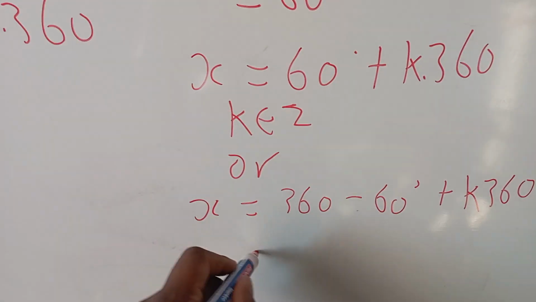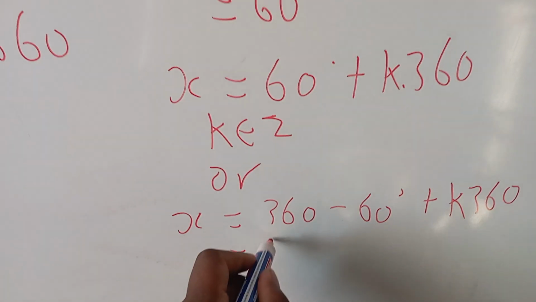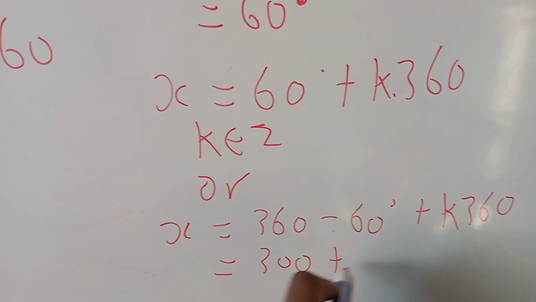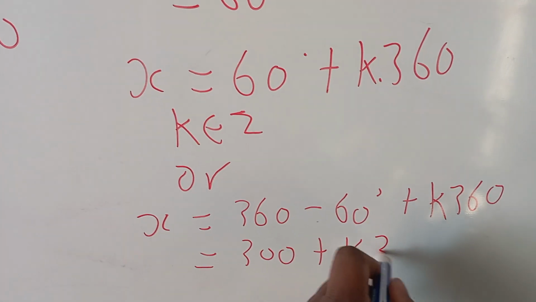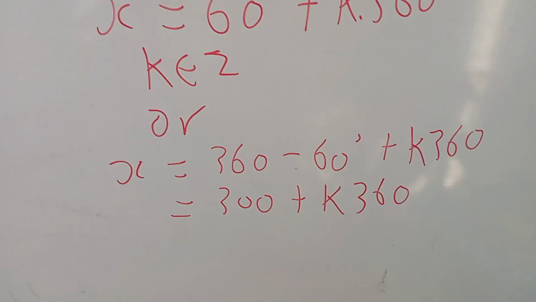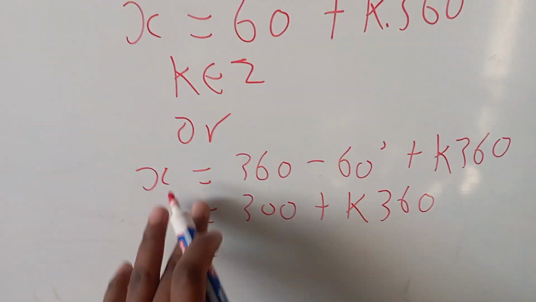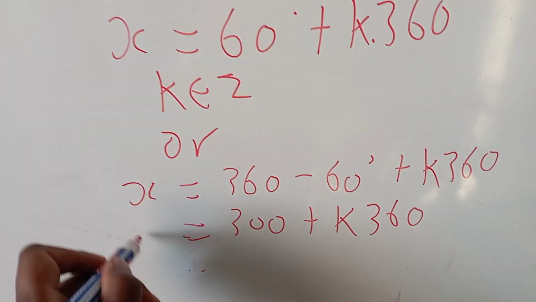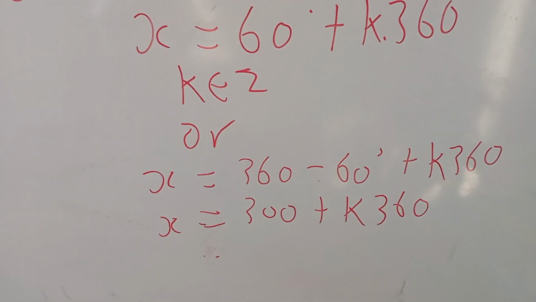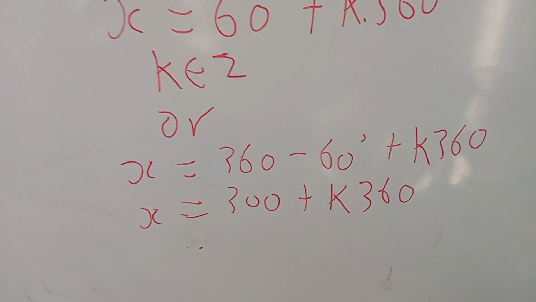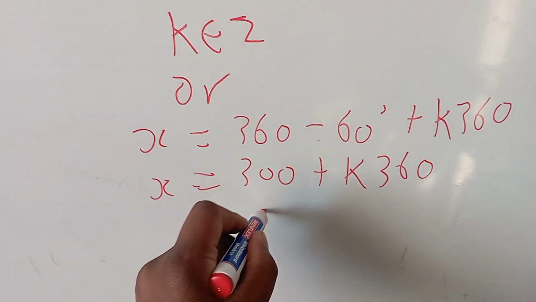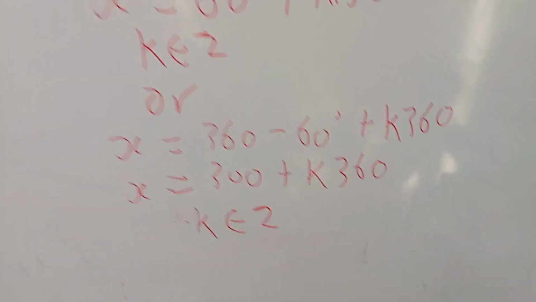So if we subtract 60 degrees from 360, we'll have 300 plus k 360. That's what, yeah, x is equals to 300 plus k 360, where k is an element of integers.